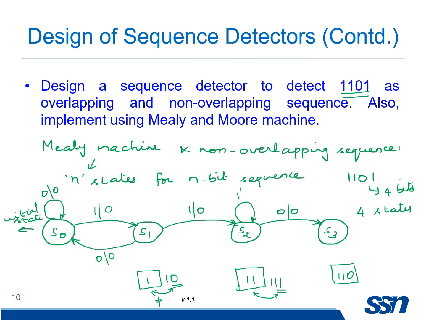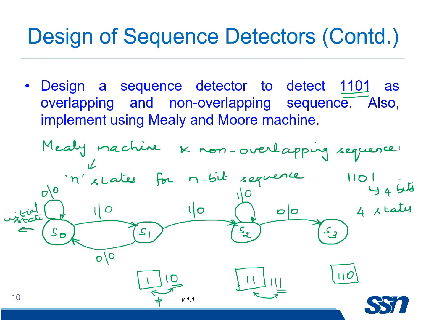So for 1, I am in the same state. If this is not equal, we compare the last bit alone with the 1-bit state over here. If that is same, then we move from S2 to S1. If that is also not same, we go to the initial state. Okay, that is how we are to do it.